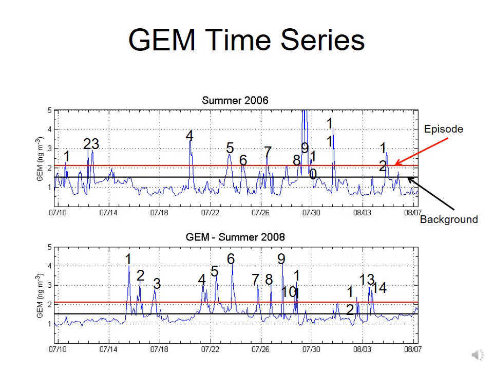Just to give you an example, during the summer of 2006 and the summer of 2008, there were more than 10 episodes in a month during these time periods, between basically the middle of June to the middle of August. So that's actually quite common that you have these episodes.